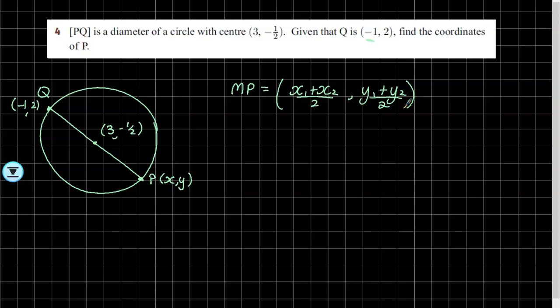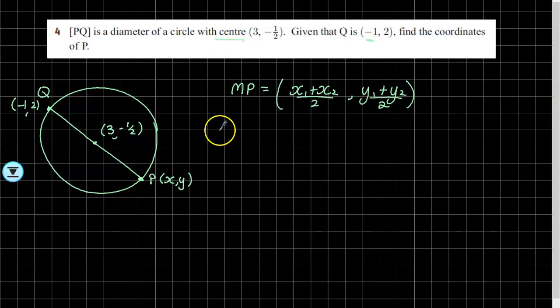Got the formula? What does a good mathematician do now? Sub. We look at the formula: M P is the midpoint. So what's our midpoint? Oh, look at them. They called it centre instead of midpoint. Scary hard, I know.